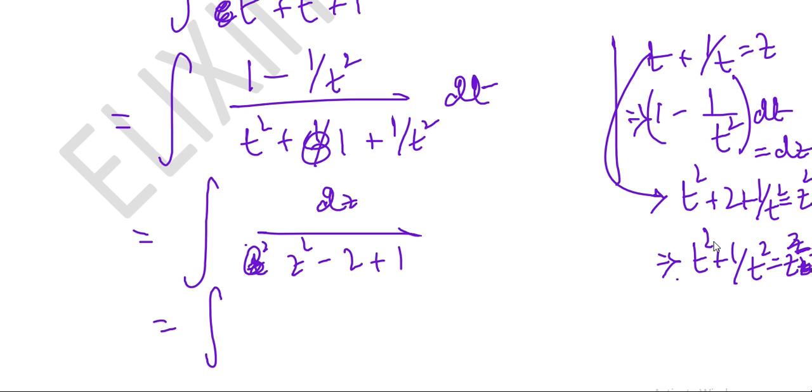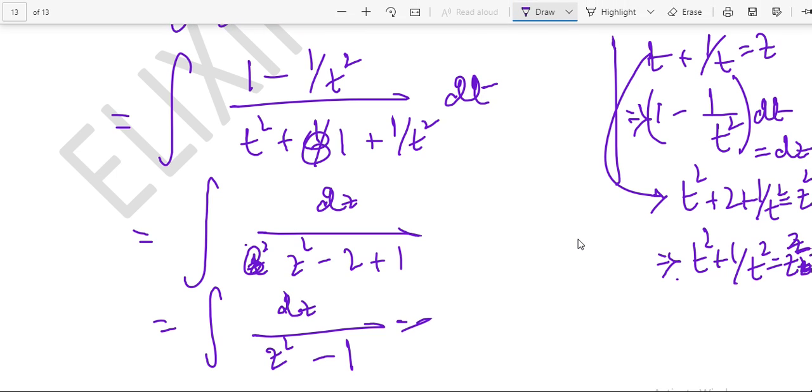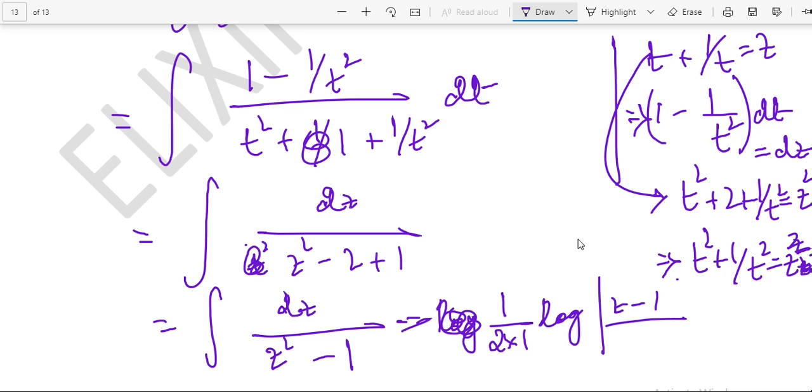So this is the integration of dz divided by z square minus 1. What is this? Very easy, this is log of, okay, there was 1 by 2 outside, 1 by 2 into log of mod of z minus 1 divided by z plus 1, plus c.